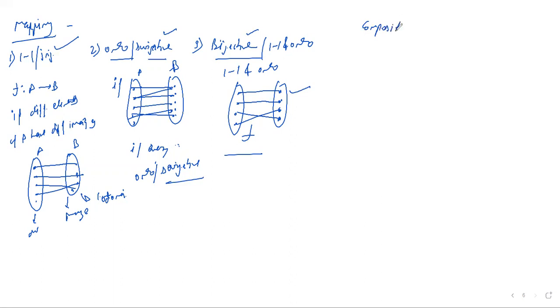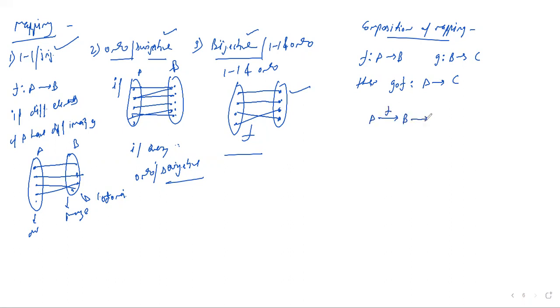Composition of mapping. By composition of mapping, I say that if f is a function going from A to B and g is a function going from B to C, then GOF is a function going from A to C. It can be seen like this: A is going to B by the function f and B is going to C by the function g.